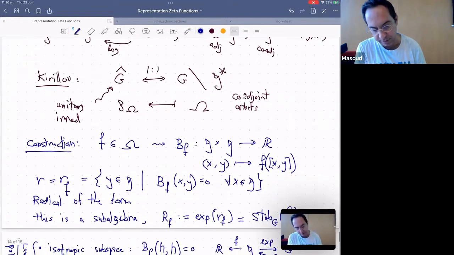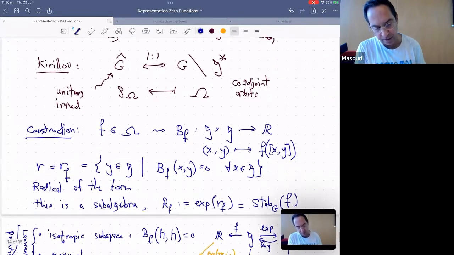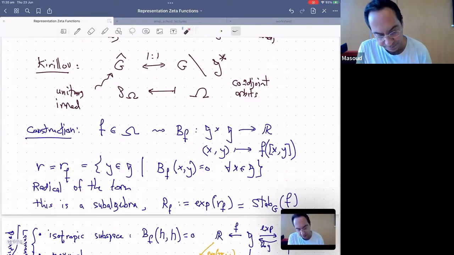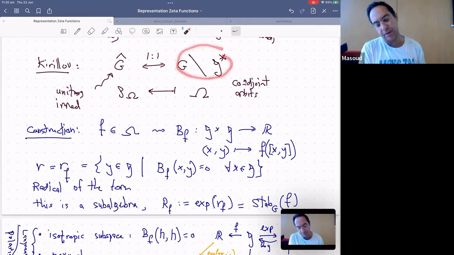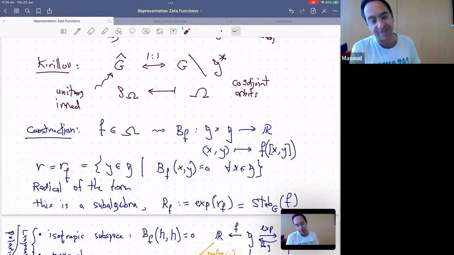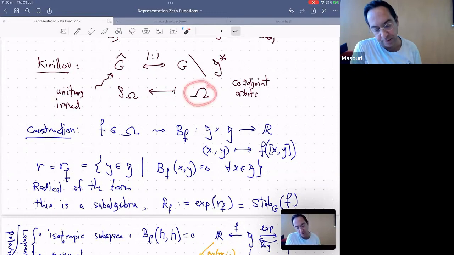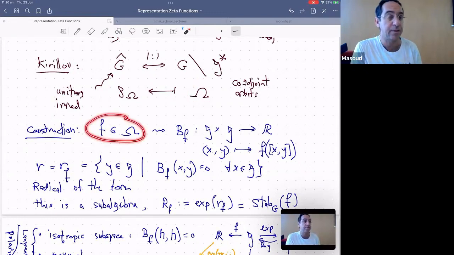And since you may be seeing this for the first time, let me remind you of the context. I'm trying to convince you that there's a construction by Kirillov that gives a bijection between unitary irreducible representations and coadjoint orbits. I'm trying to convince you that this is a plausible thing. So I'm taking a coadjoint orbit, but I chose a representative of the orbit.